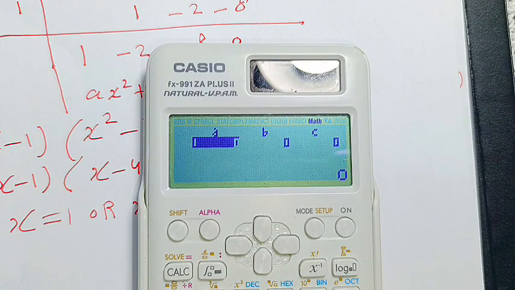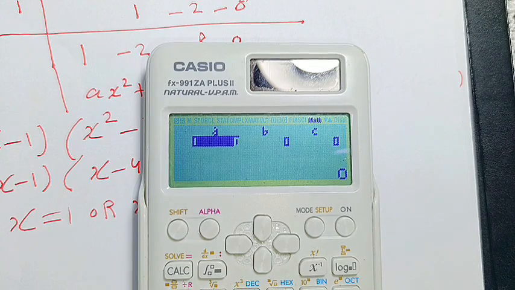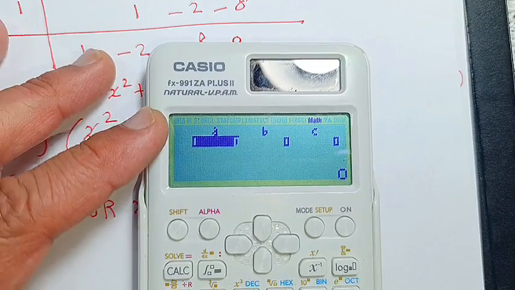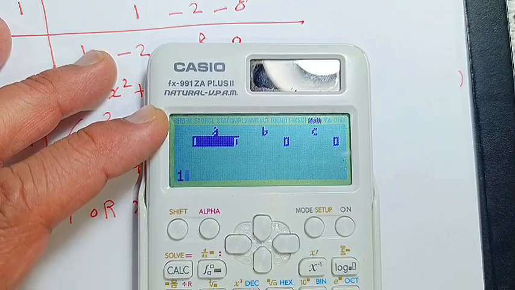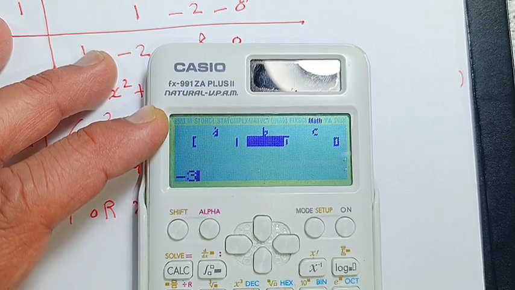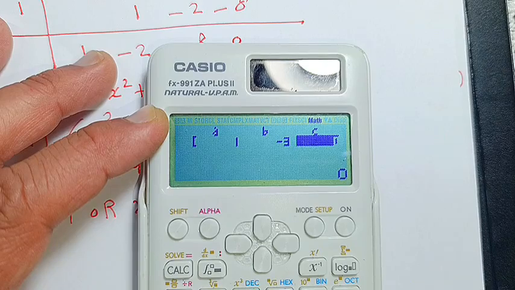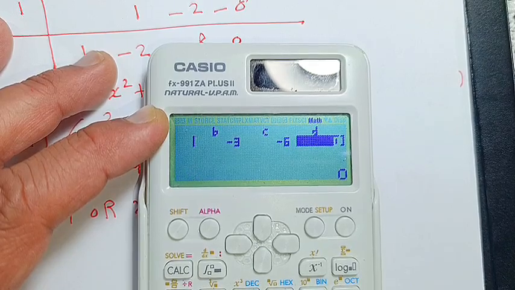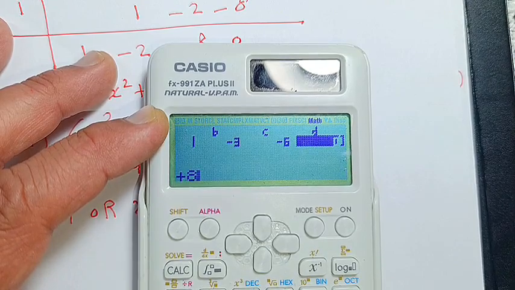Now I'm going to enter all the coefficients. The first coefficient is 1, press equal, then negative 3, press equal, then negative 6, press equal, and then positive 8, press equal.